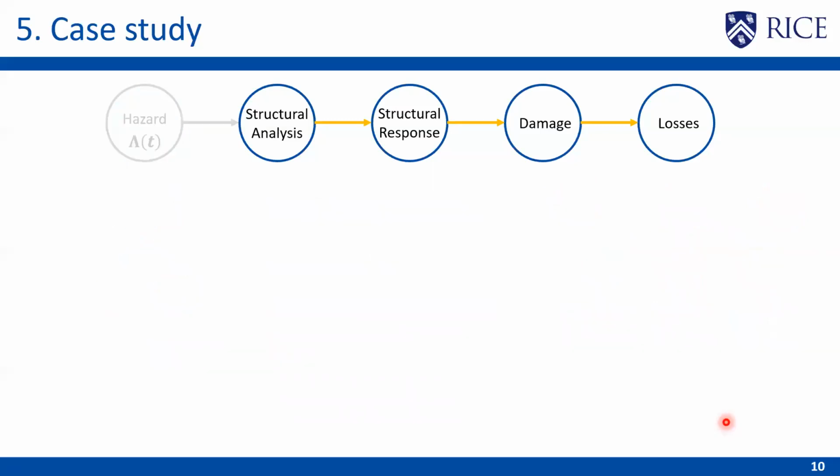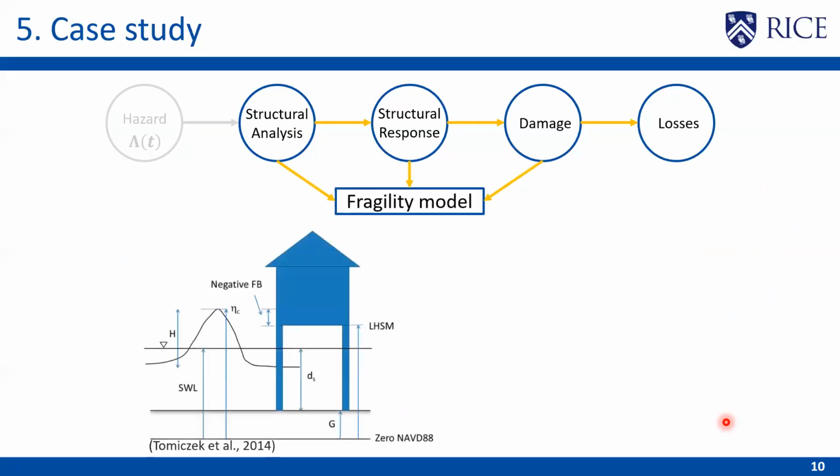Then, for the structural analysis, the response and the damage components, we use a fragility model. So we use the fragility models proposed by Tomishek that correspond to Hurricane Ike in the Galveston region.